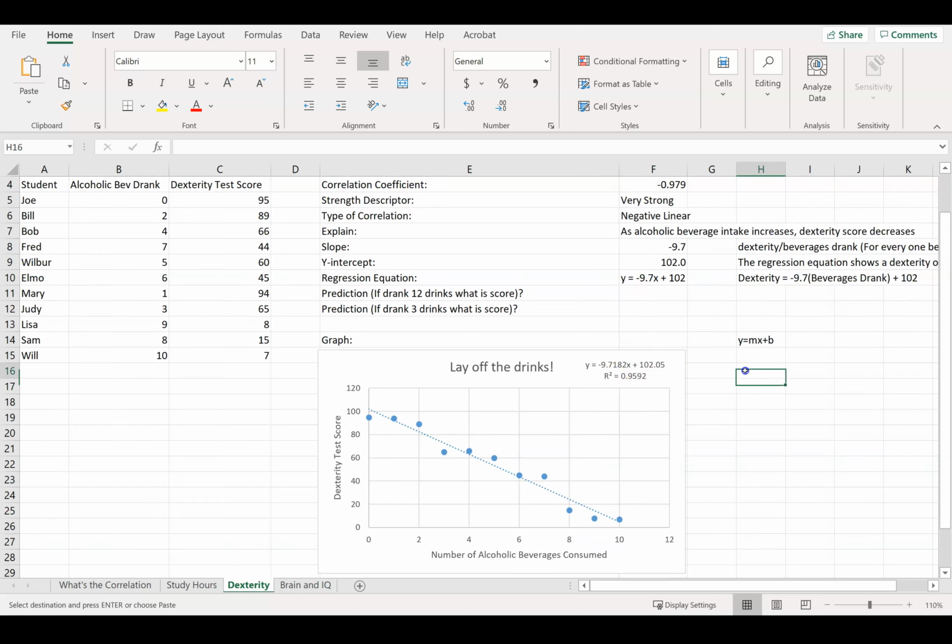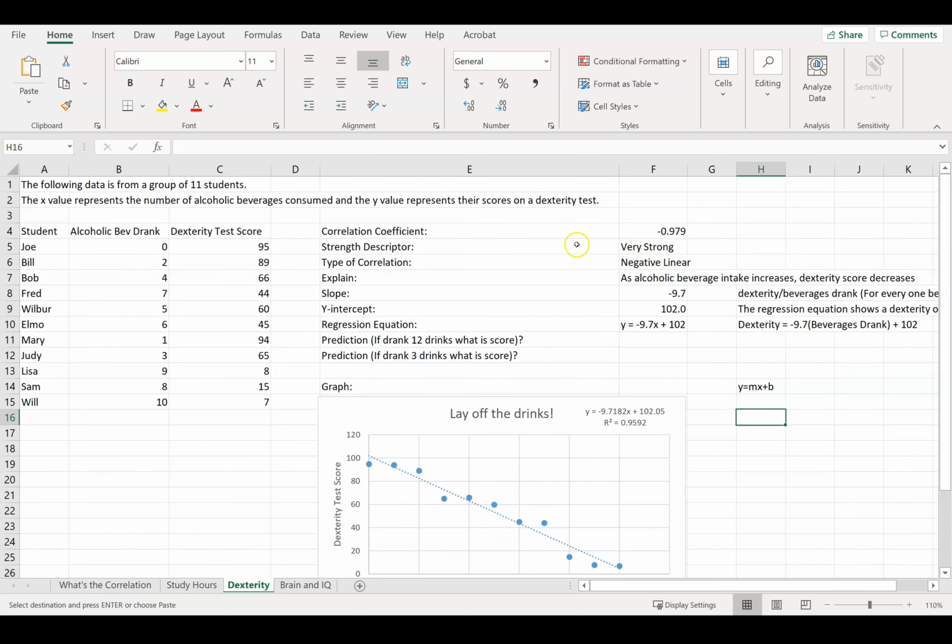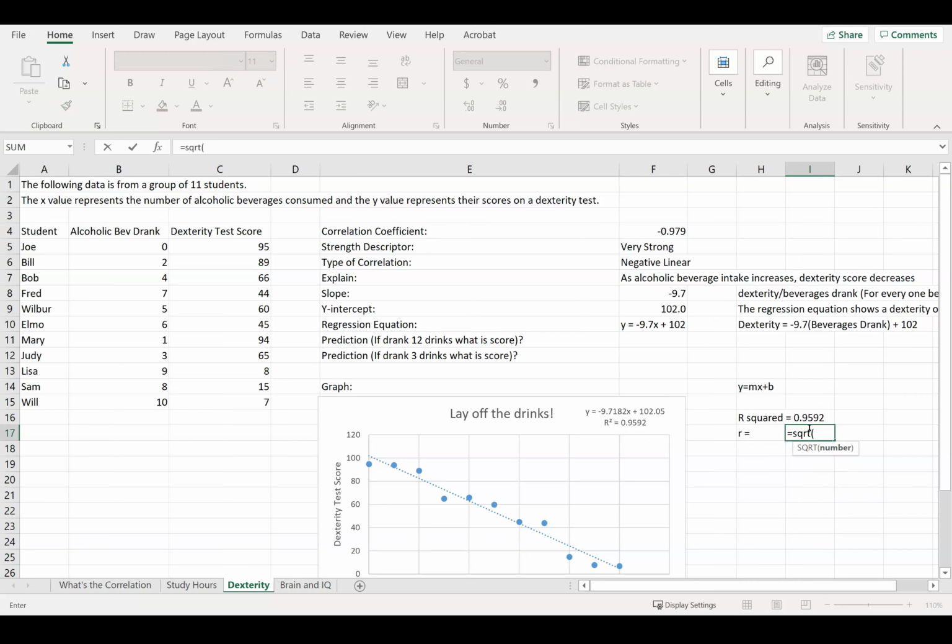The r squared value is literally our r squared. So if r squared is 0.9592, then our r is the square root of that. Okay? Square root of that. Oops. Shouldn't be 0.